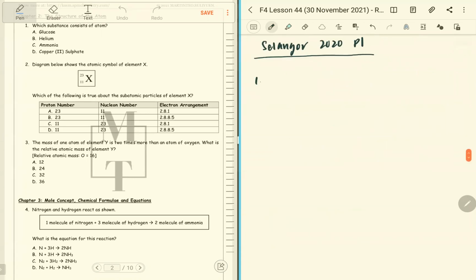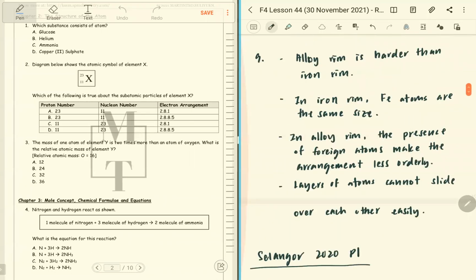Once you're done, share your answers so I can check them for you. If you need to copy, just copy now.